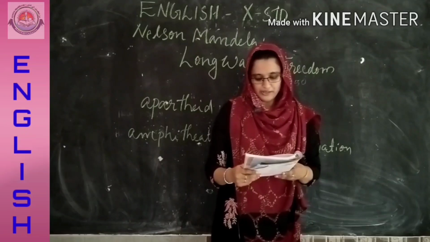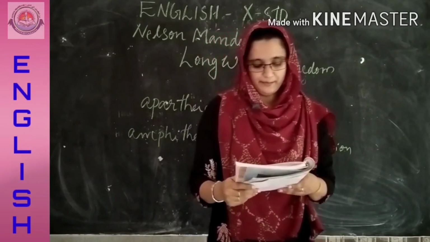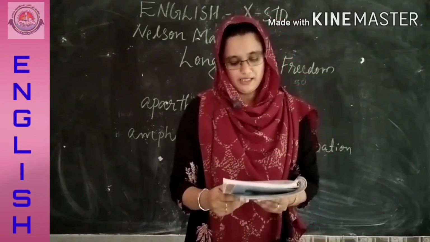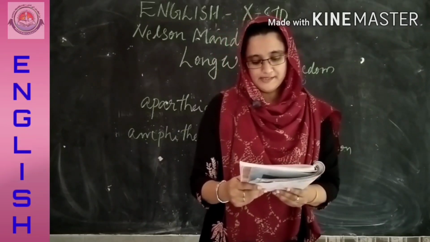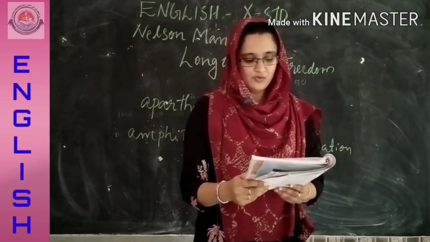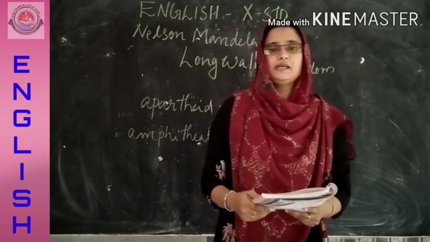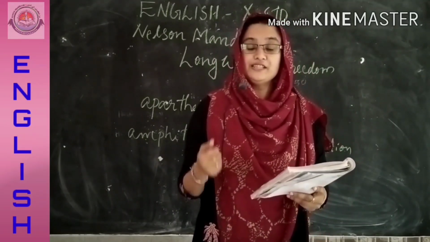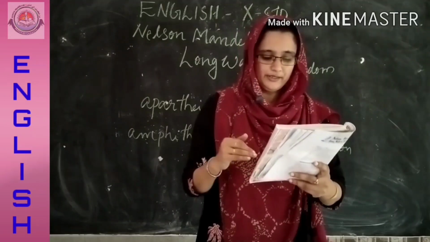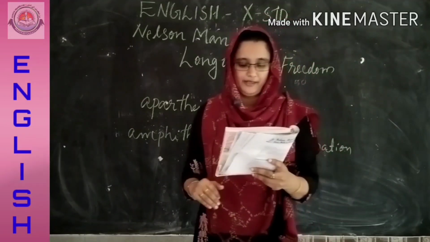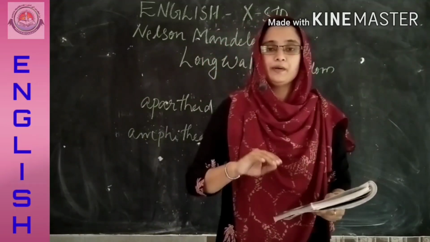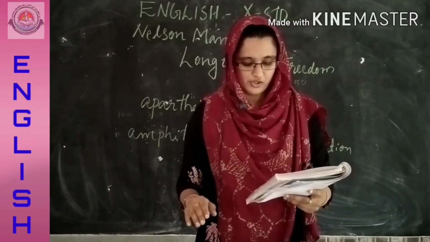On that lovely autumn day, I was accompanied by my daughter Zinani. On the podium, Mr. de Klerk was first sworn in as second deputy president. You see, he was accompanied by his daughter. What's the name of the daughter? Zinani. What is meant by podium? On the stage.